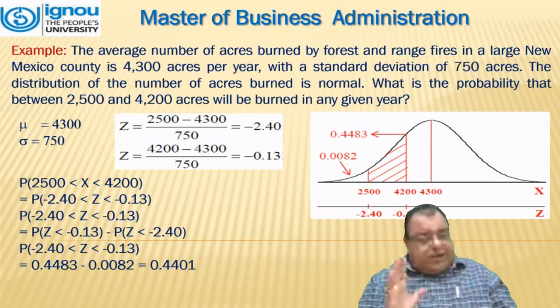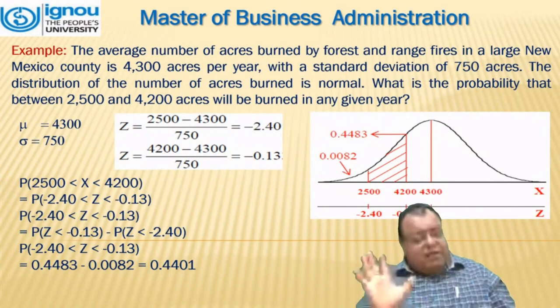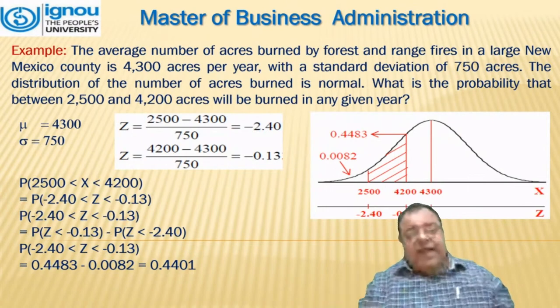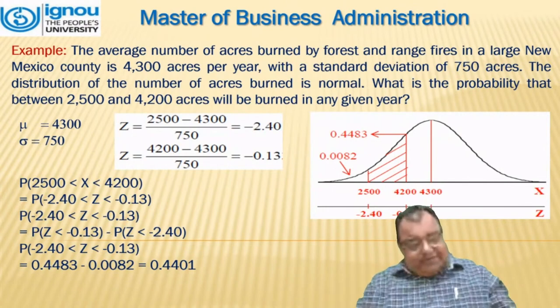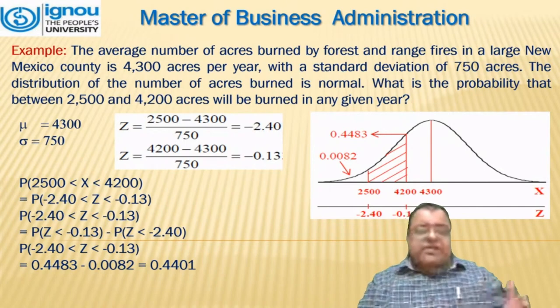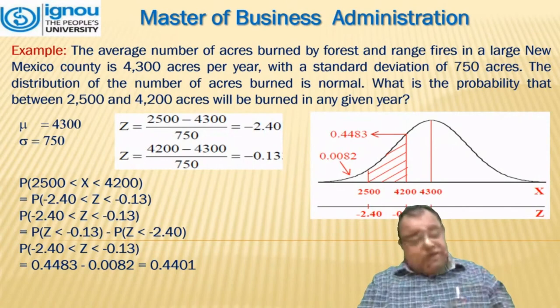The problem is related to normal. It is already explained in the problem. We have mean, we have standard deviation, and two values of x. We have to calculate the probability as 2,500 less than x less than 4,200.